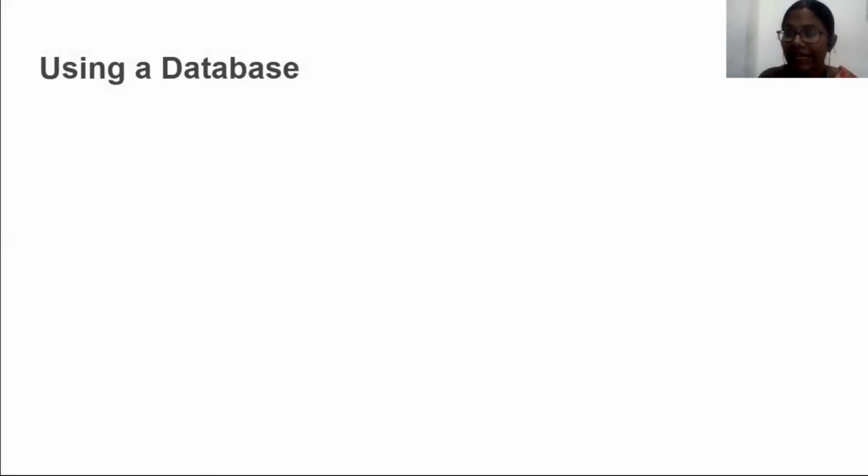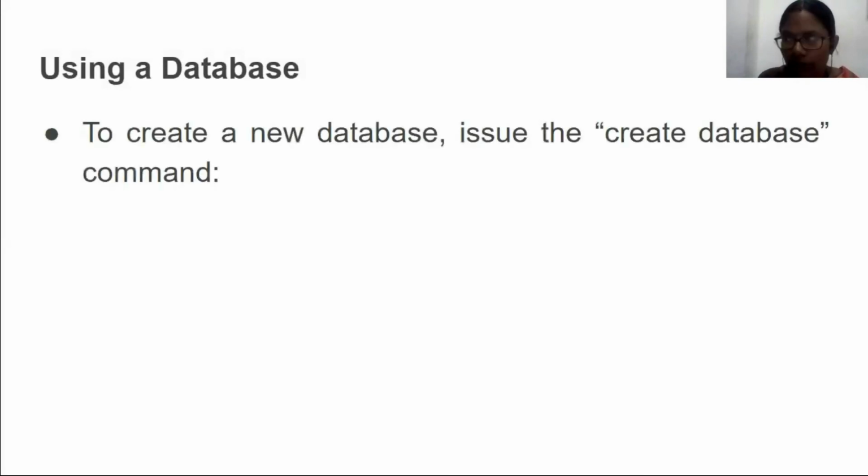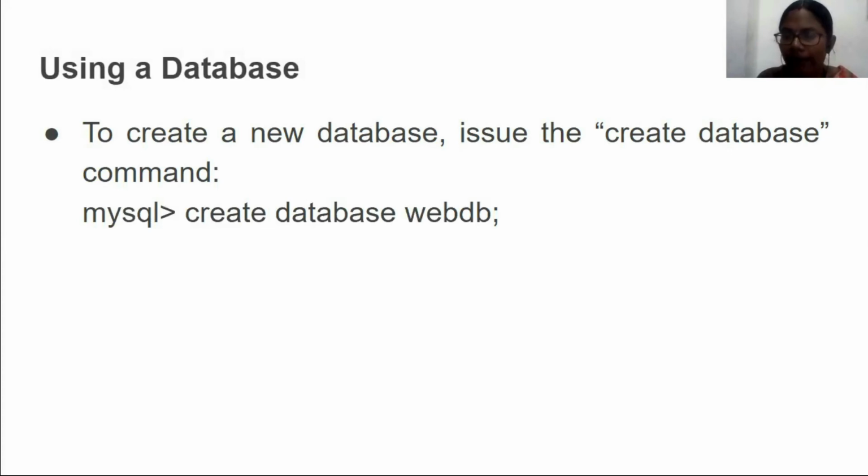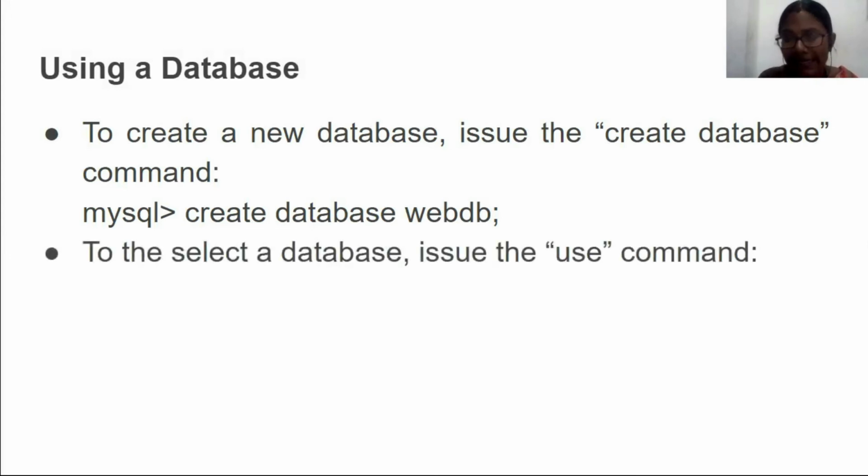Next, how to create a database and how to use that database on your system. To create a database, we have 2 keywords: create and database. So you give create database, and after that you can give your own database name. You can give any name as you wish. After that, you have to end with a semicolon.